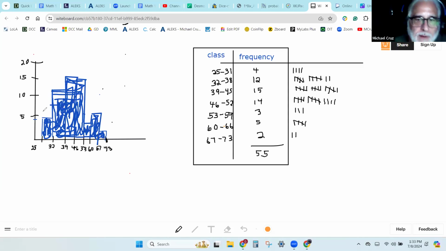Looking at it lets us know a pattern of the data. The data starts out at 4, goes up to 12, 15, 14, 3, 5, and 2. So it shows us the shape of the data.